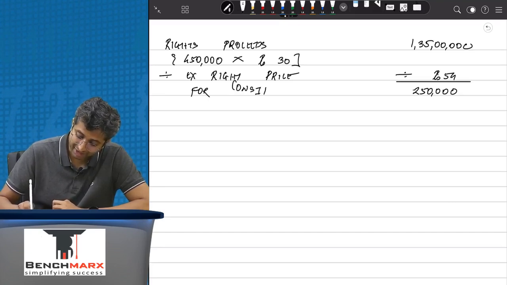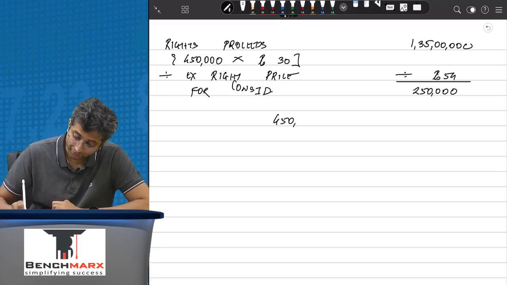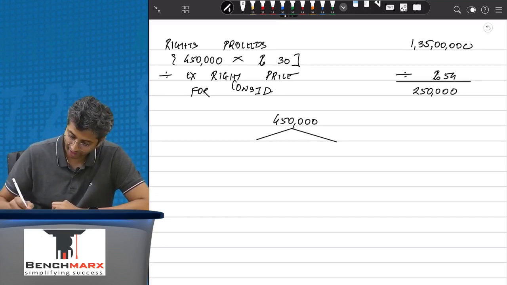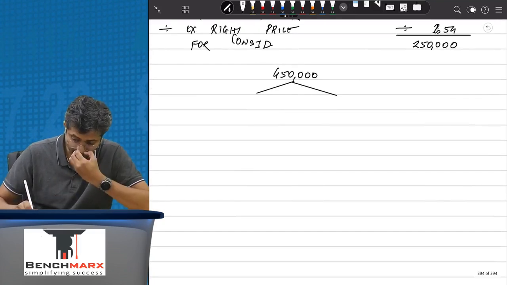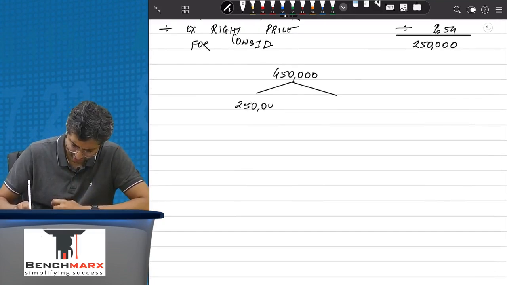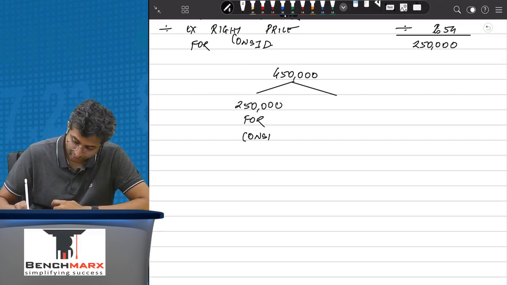So these 2,50,000 shares would be issued for consideration. However, how many shares have you issued? You have issued a total of 4,50,000 shares. Out of this, 2,50,000 we are issuing for a consideration.